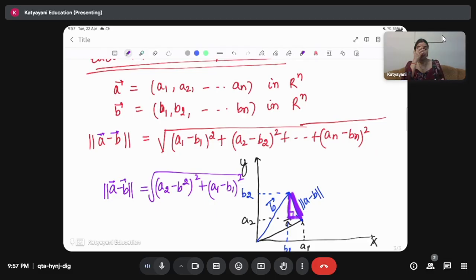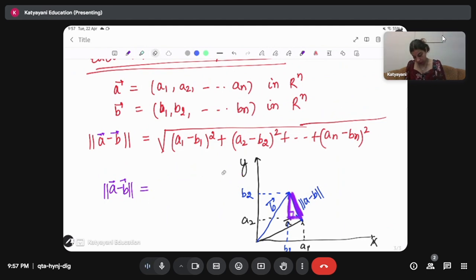Generalize करना है, A minus B निकालना है, तो corresponding elements को subtract करके उनका square लेना है and then add that entire thing and then take the square root. That is how you can visualize it in the two-dimensional plane that I have shown you, right?